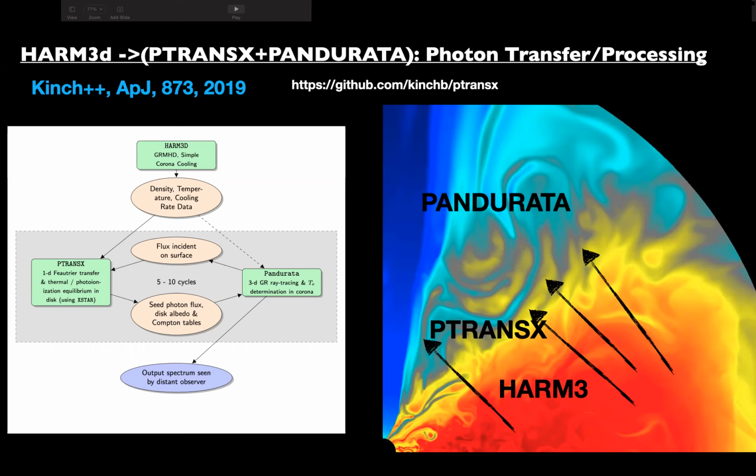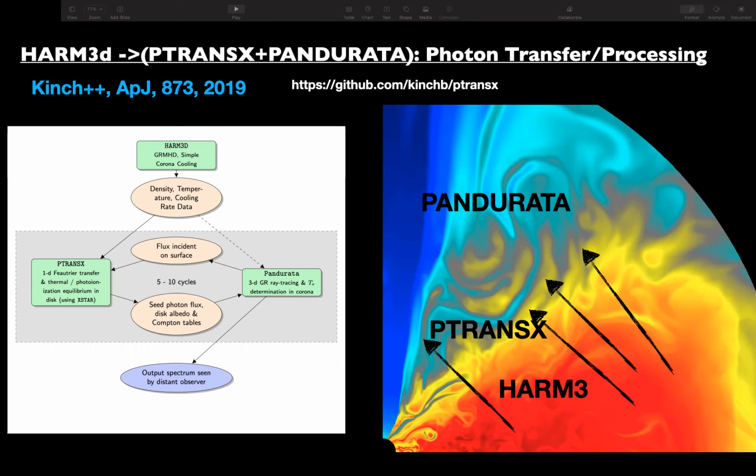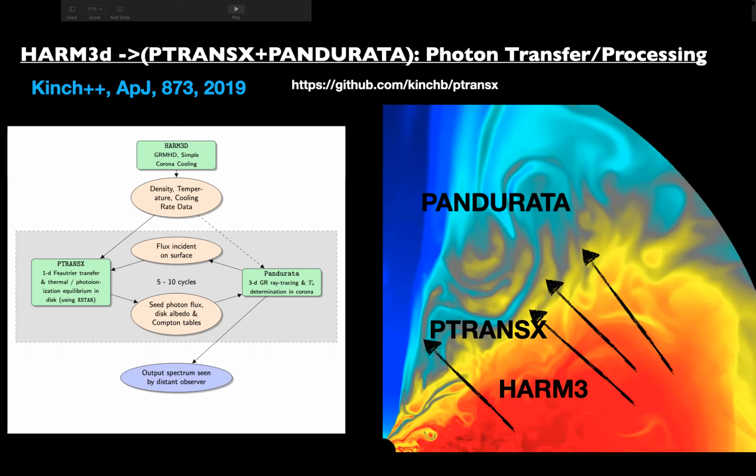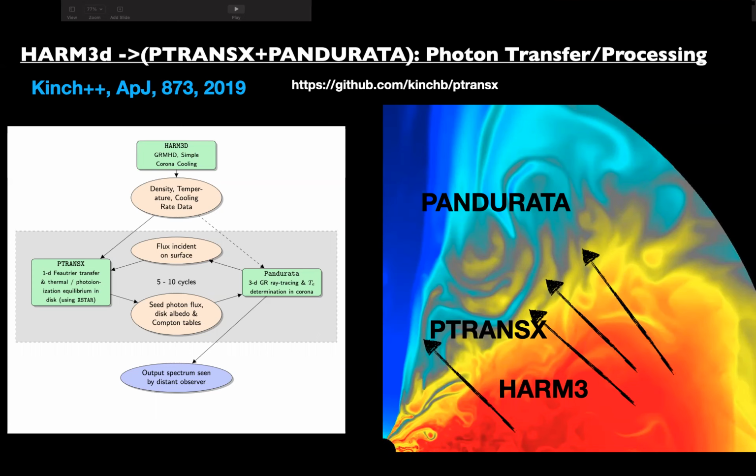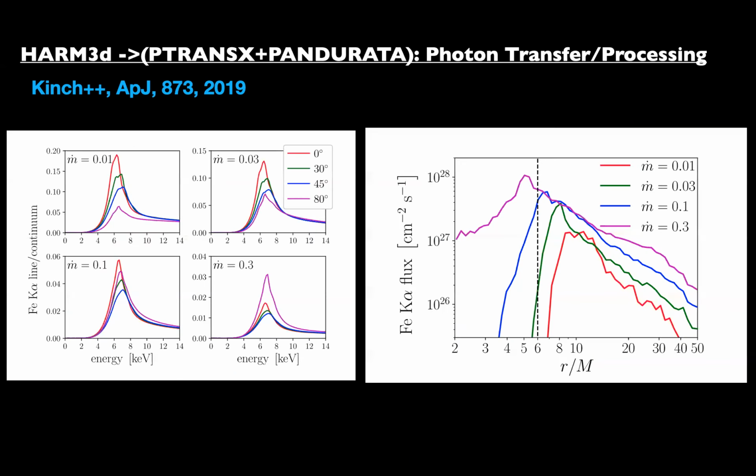But you can also blueshift them if that iron is coming towards you. Anyway, ptransx handles that ionization radiation balance between the bulk of the disk and the X-ray corona. Pandorata handles the Monte Carlo and the X-ray corona. These codes work together to do the simulation.